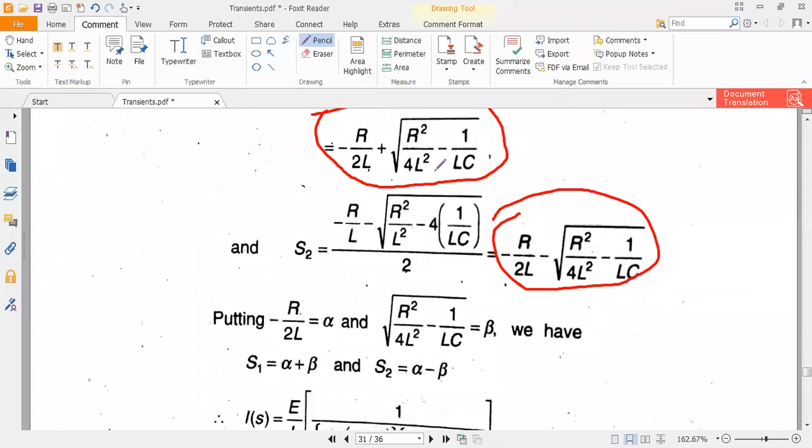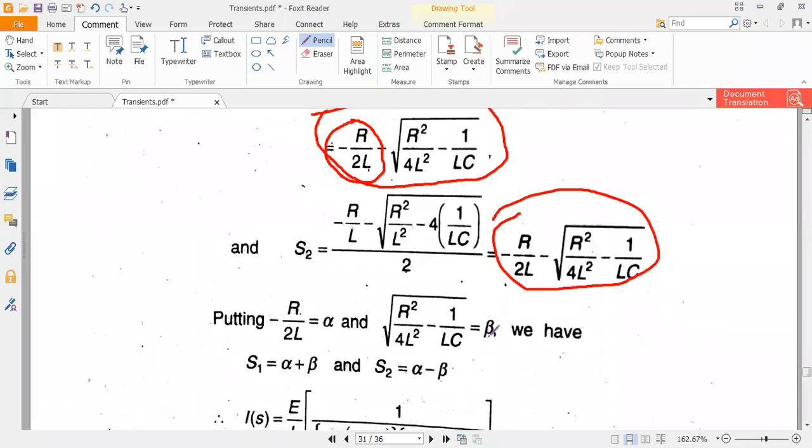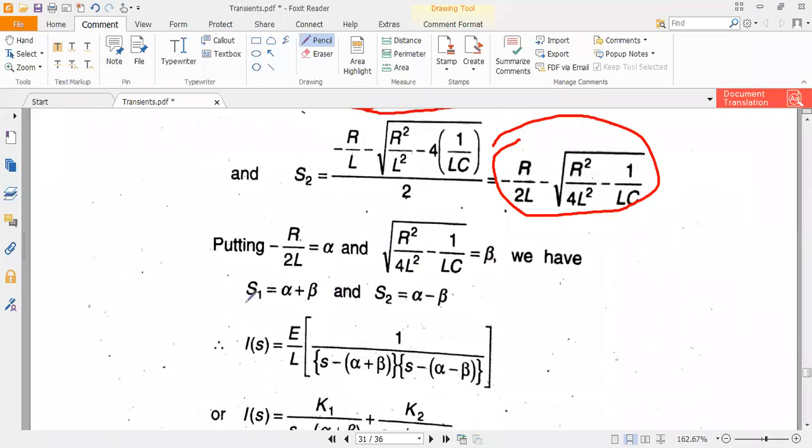Okay, so let me consider here the first term in this root, that is minus R by 2L is equal to alpha, and the second term, that is square root of R square by 4L square minus 1 by LC, you can consider it as a beta. Then we will get the two roots: S1 is equal to alpha plus beta, and S2 is equal to alpha minus beta.